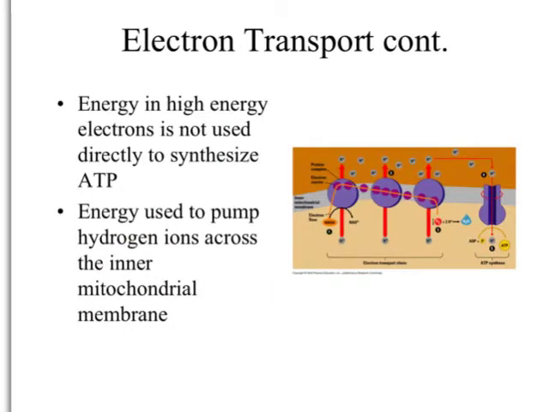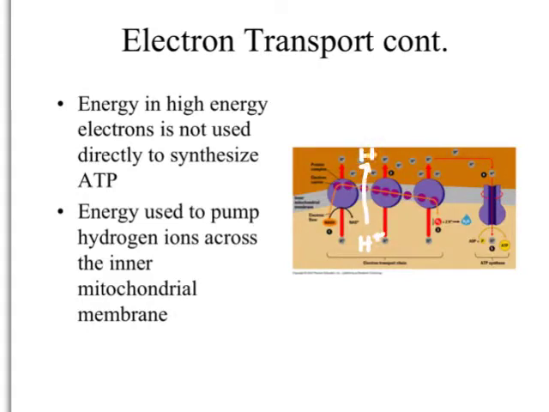All right, so it gets just slightly more complicated, because you would think the high energy from the electrons being dropped off from NADH would actually be used to synthesize or make ATP, but guess what? They're not. Of course they're not, okay? It's much more complicated than that. The energy from those electrons is actually used to move hydrogen ions across the inner mitochondrial membrane. So hydrogen ions are going to go from this side of the membrane over to this side.